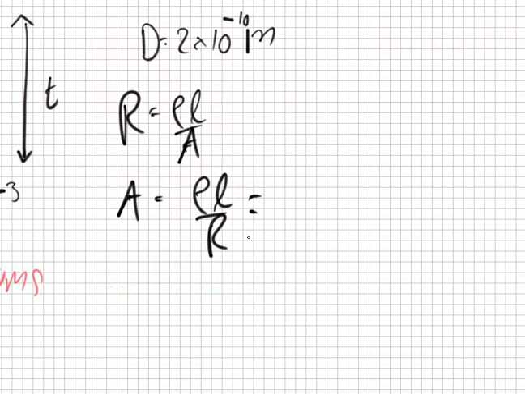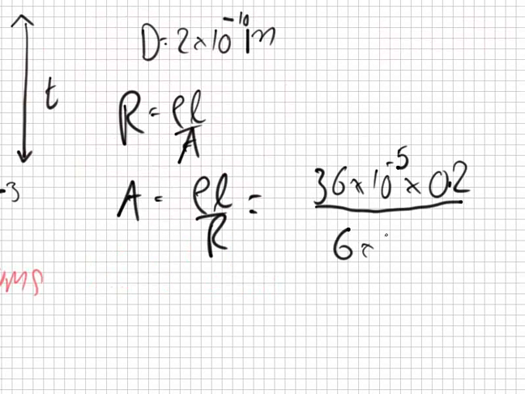It was 36 times 10 to the minus 5. And what was the length? 0.2. And what was the resistance? 6 times 10 to the 6.